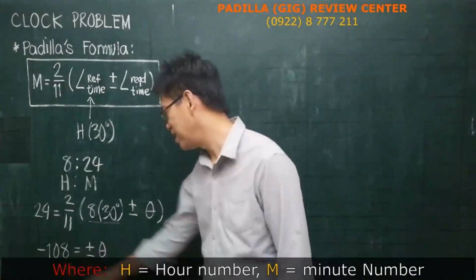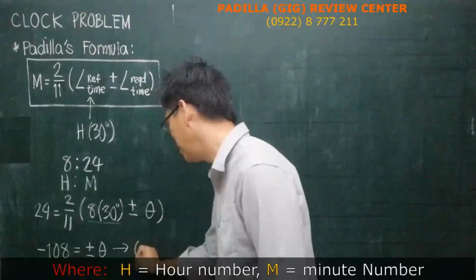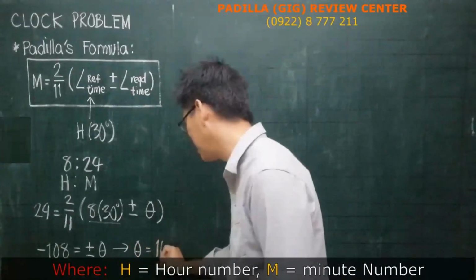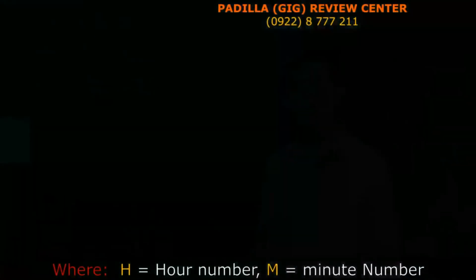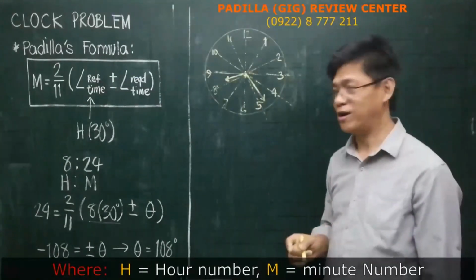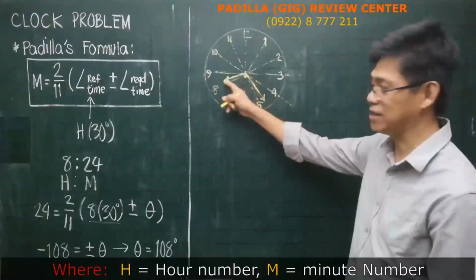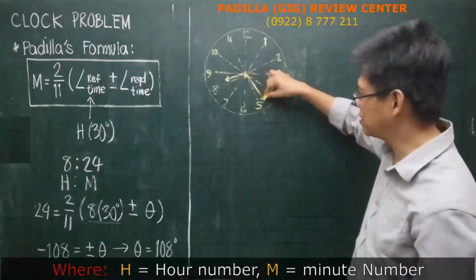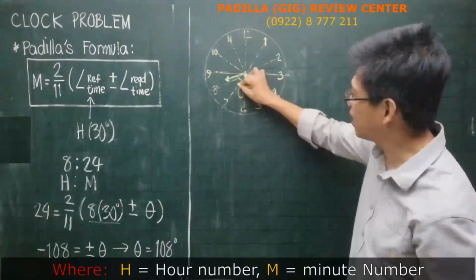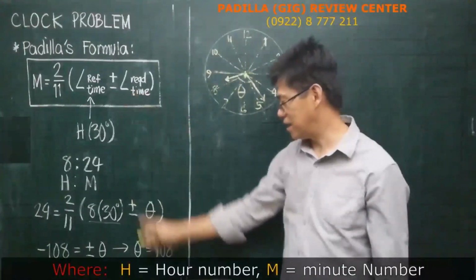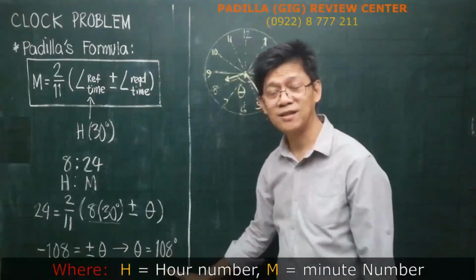Para theta is equal to 108 degrees. You follow? So, at 8:24, the hour hand is here. The minute hand is here. Then, this is the angle theta between them. And that is 108 degrees.